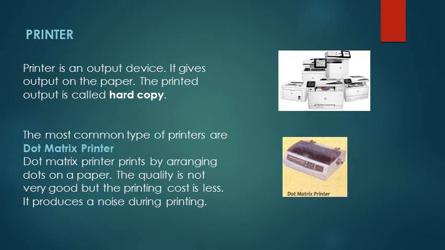Dot matrix printer prints by arranging dots on a paper. The quality is not very good, but the printing cost is less. It produces a noise during printing. Dot matrix printer is normally used where we need economical printing with low printing quality.